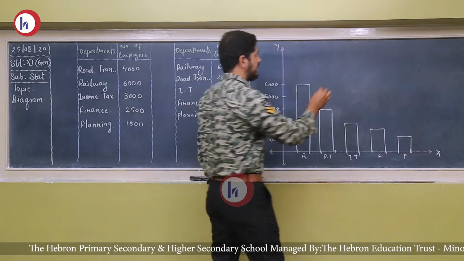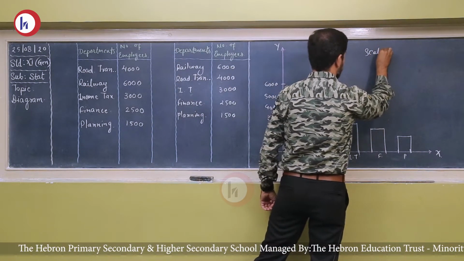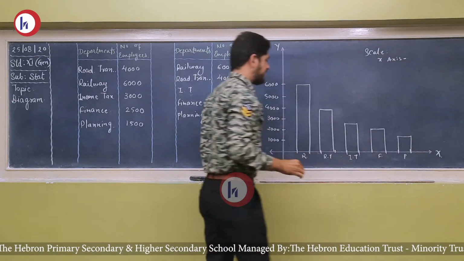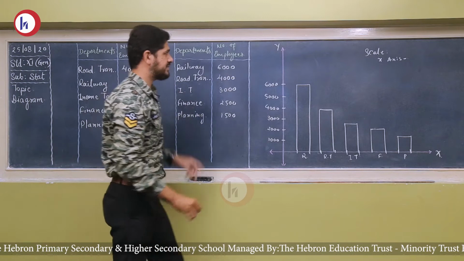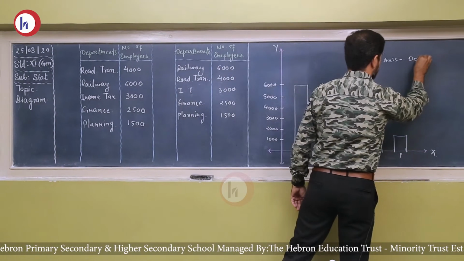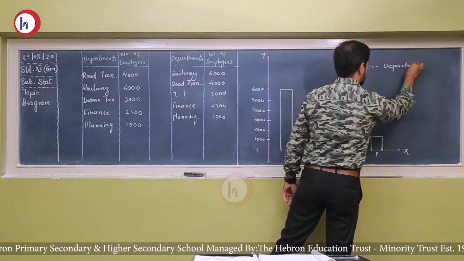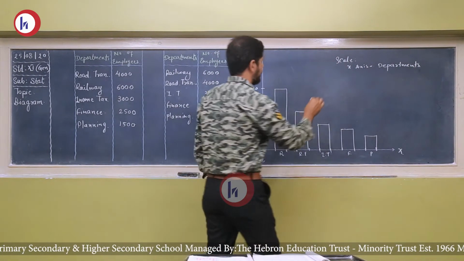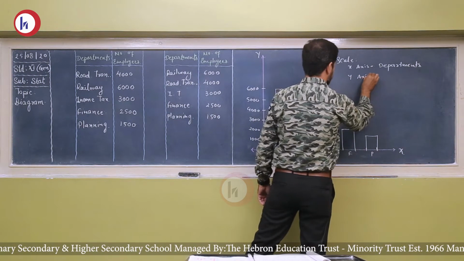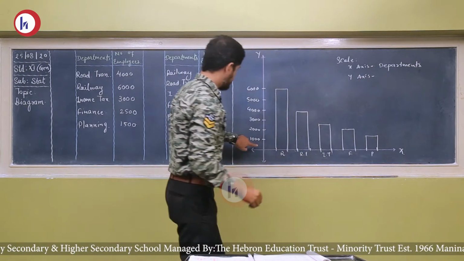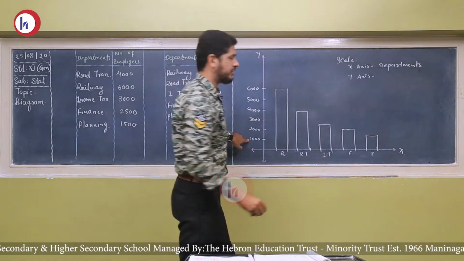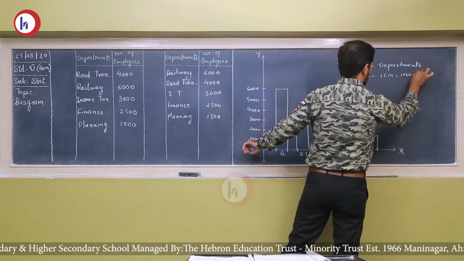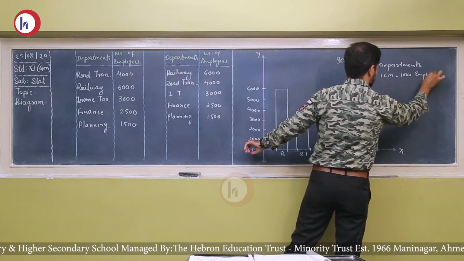Now on the right side we will write the scale. On the x-axis, what do we represent? We represent the departments, while on the y-axis, 1 centimeter is equal to 1,000 employees.